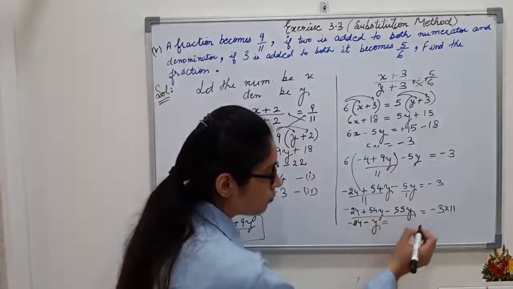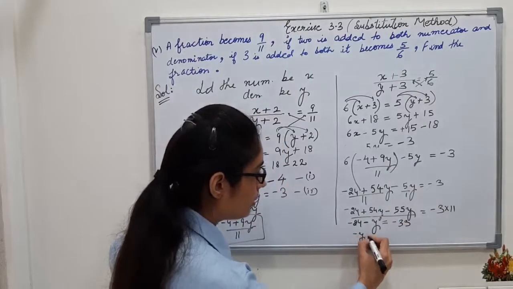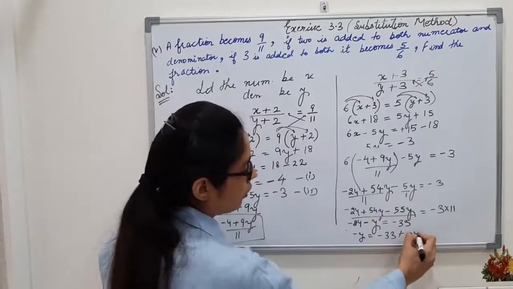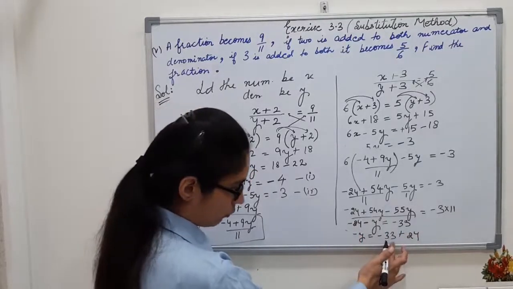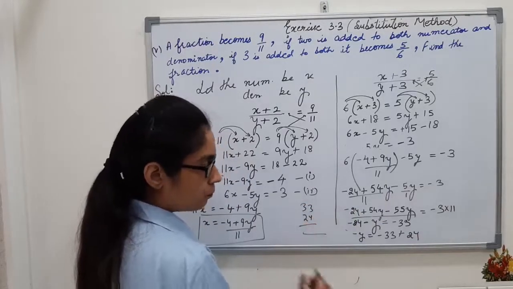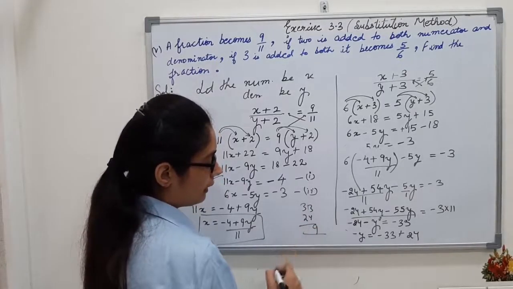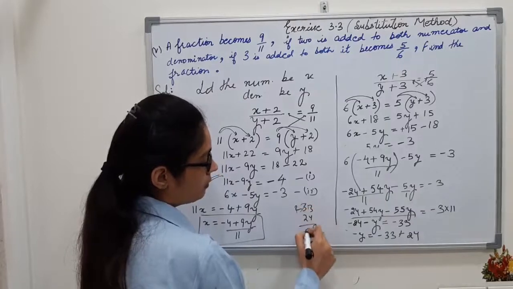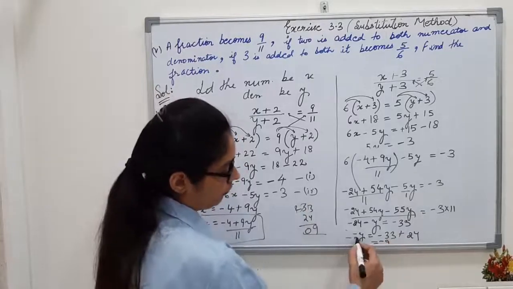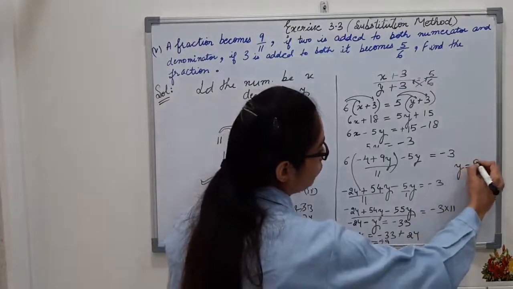So I have written minus 33, minus 3 into 11 is minus 33. Minus y equals minus 33 plus 24. On shifting 24 to the other side it will become plus 24. 33 minus 24: plus minus will be minus, with the sign of the bigger number. 13 minus 4 will be 9 and 2 minus 2 will be 0, and the sign is minus, because 33 is bigger and with the bigger number we have a minus sign. Minus and minus will get cancelled and we got y equals 9.